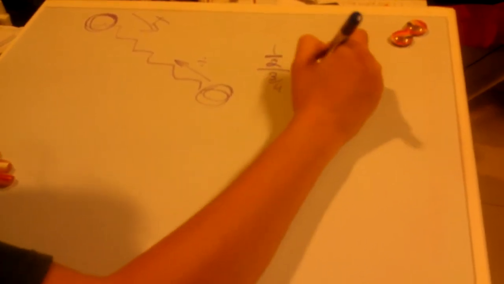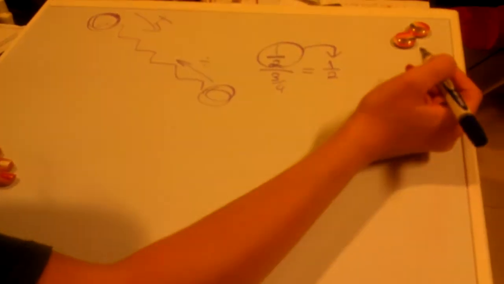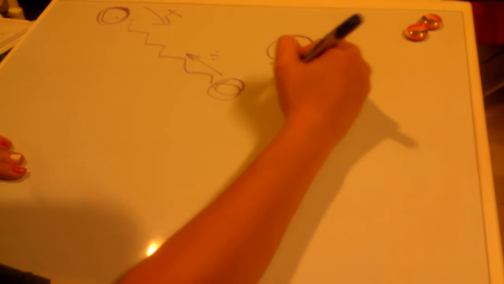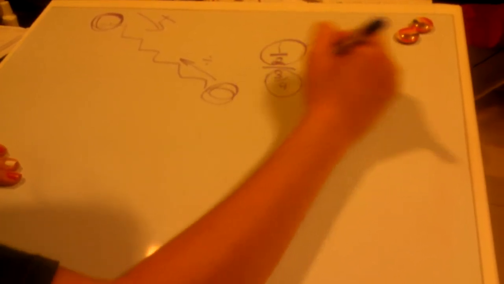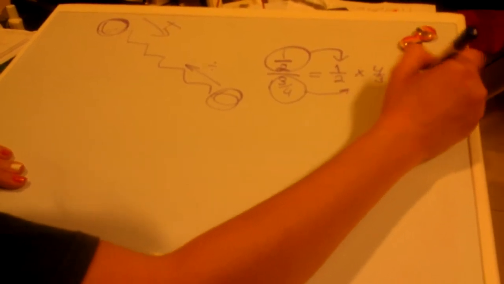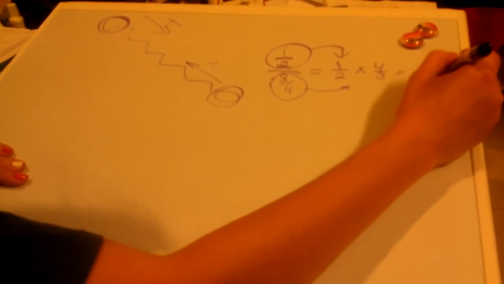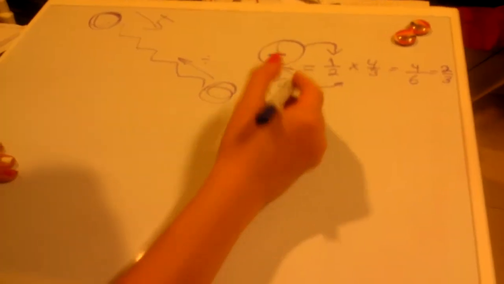One of the methods that we would be using was to keep the numerator as it is, and then the denominator would be multiplied by the reciprocal of it, rather than divided. So we would be getting something like that. That would be 2/3 in the end.